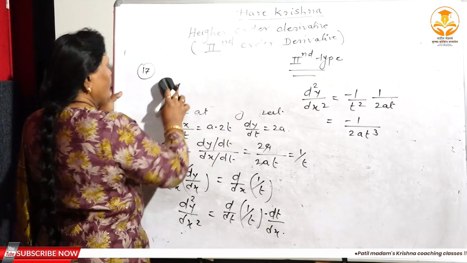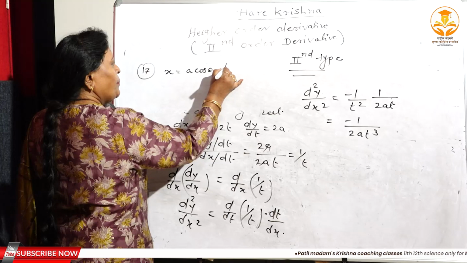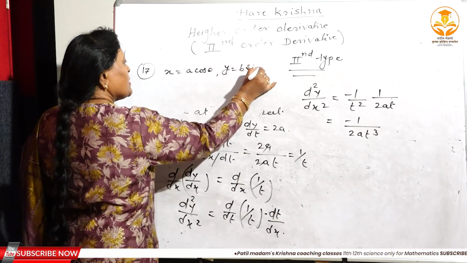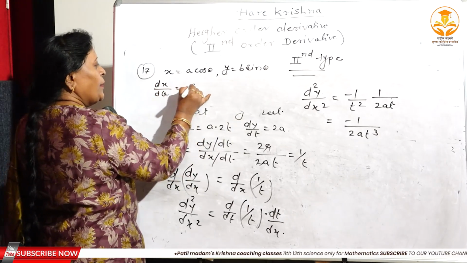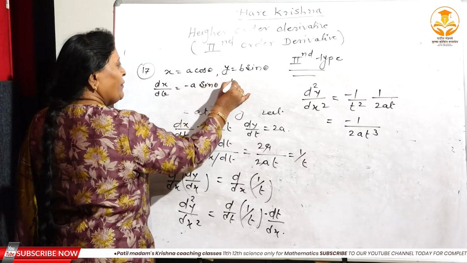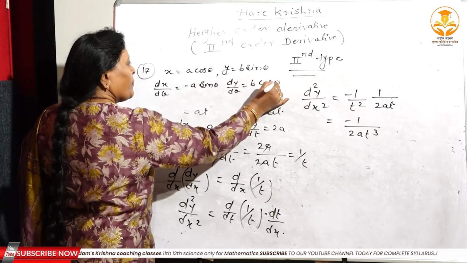Suppose another example, x is equal to a cos theta and y is equal to b sin theta. See, again dx divided by d theta, a remains as it is. The derivative of cos theta is minus sin theta. dy by d theta, b remains as it is, the derivative of sin theta is cos theta. Right?